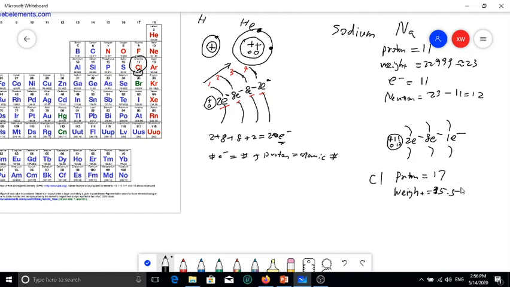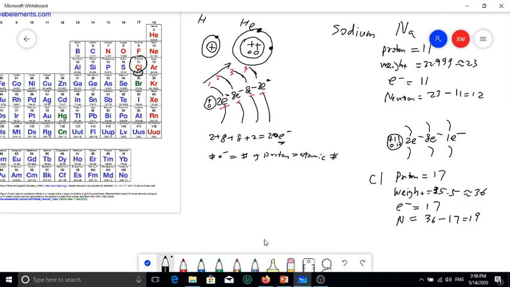That means either 35 or 36 will be good enough. So let's say 36. Because of that, the electron number will be 17 as well, the same as protons, and the neutron number is going to be 36 minus 17, which equals 19.